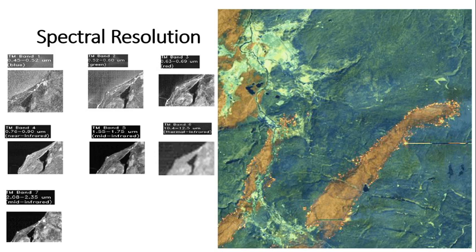Using those spectral bands, information regarding the minerals available on a planet, or on Earth on a particular mining site, you can clearly see, and you can say that there is a presence of this amount of particular mineral there.